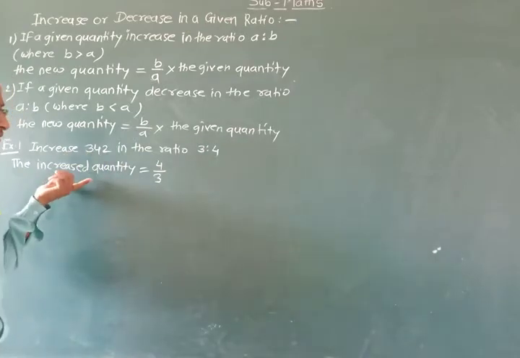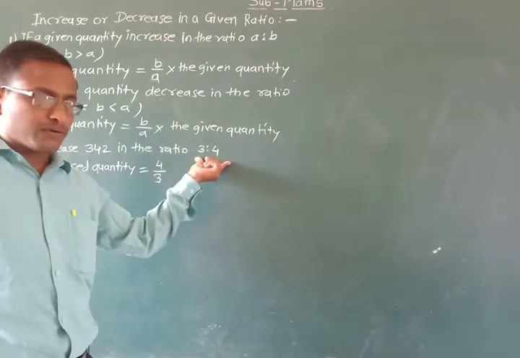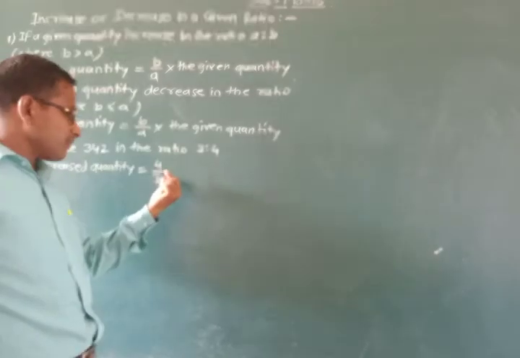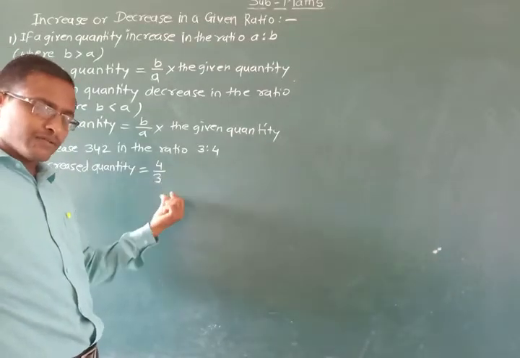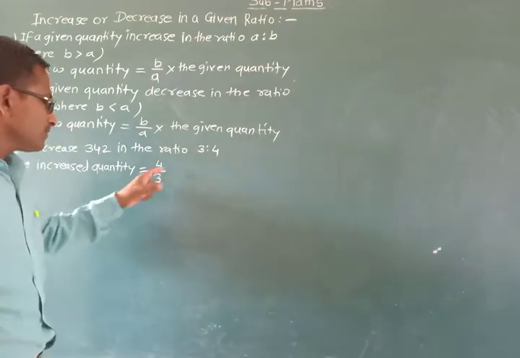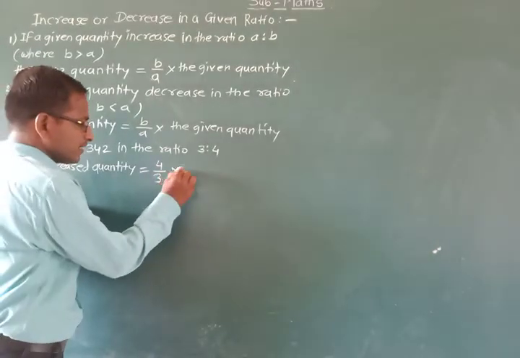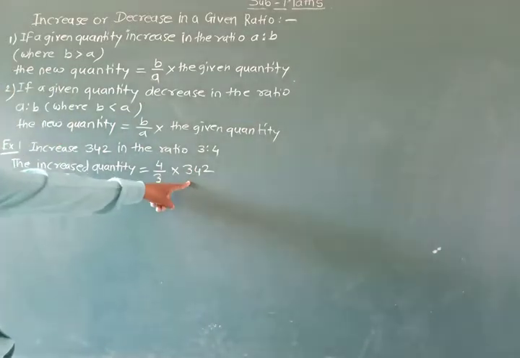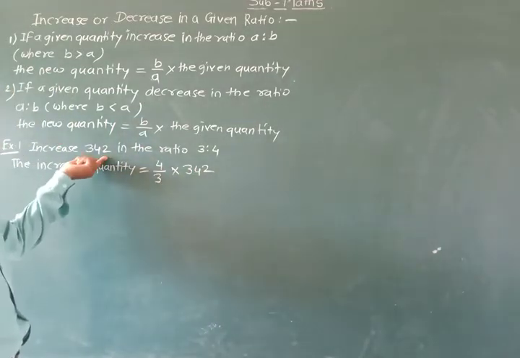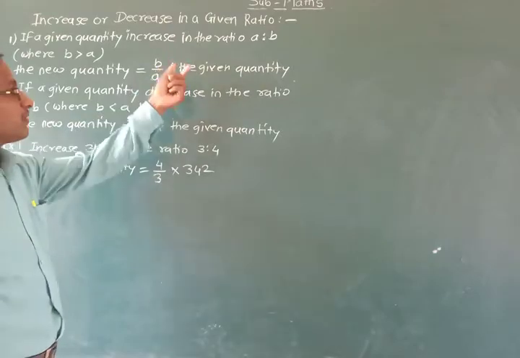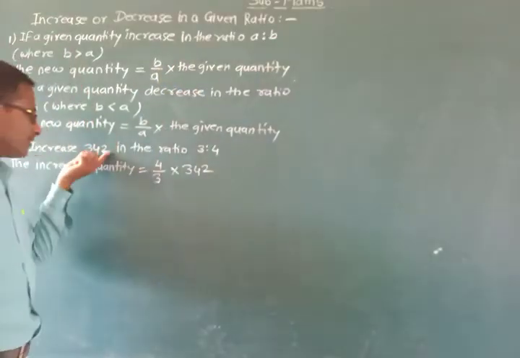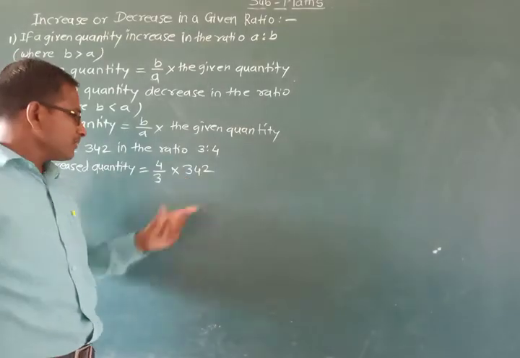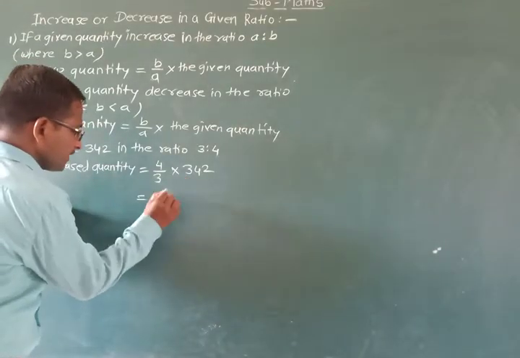When you find the decreased quantity, you take 3 upon 4. When you find the increased quantity, 4 upon 3 multiplied by 342. The given quantity in the formula is 342. So multiply by this value 342, and then you simplify it.